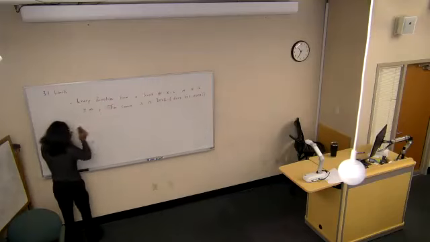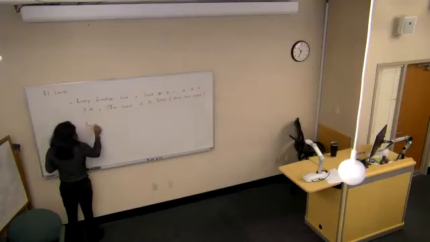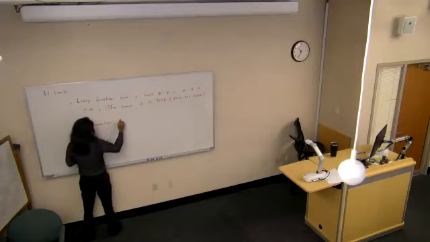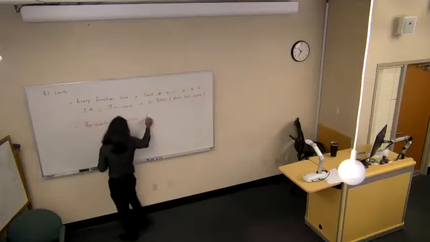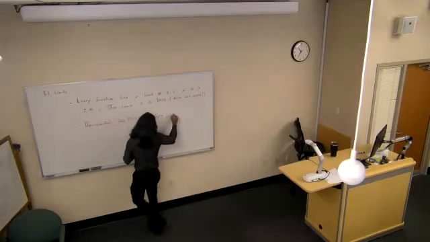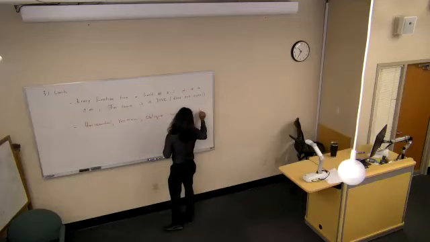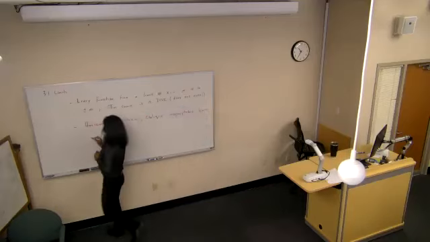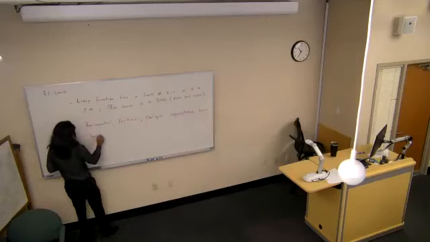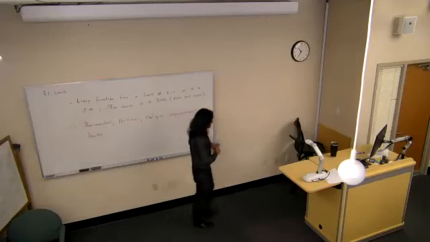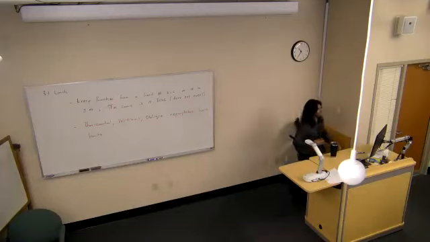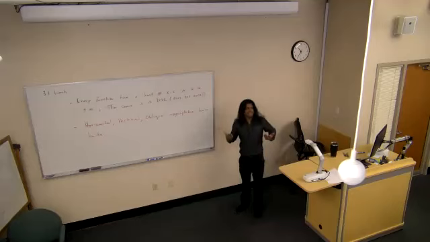Let's erase this. Second note. Easier way to recognize whether a function is going to have a limit or not is to simply ask the question, is there an asymptote?